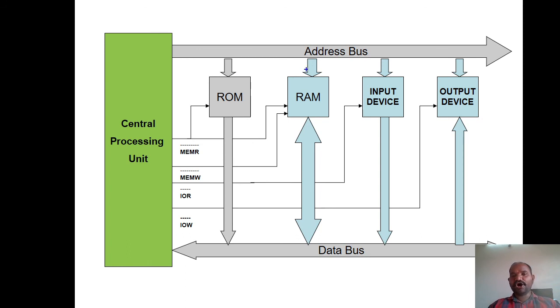The reason is how big a RAM size you have, that much faster the work is going to be done by the CPU.